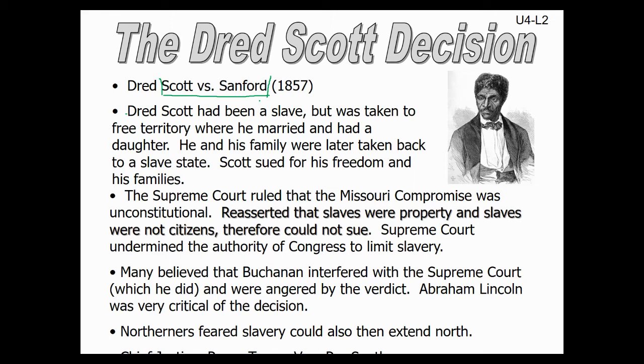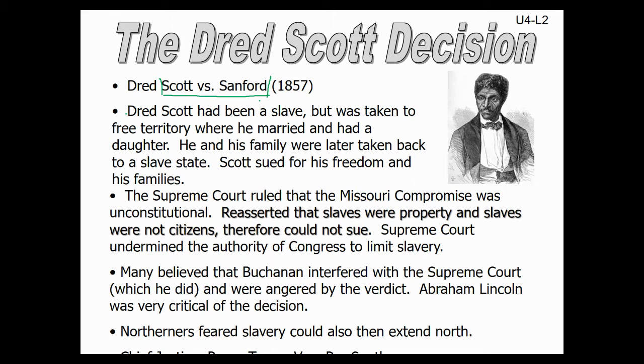The Supreme Court is going to rule that the Missouri Compromise was unconstitutional. The Chief Justice ruled that Congress had no right to regulate slavery in U.S. territories, that slaves were property, and that slaves were not citizens. Therefore, they could not sue. So the Supreme Court really undermined the authority of Congress in the Missouri Compromise in limiting where slavery can be.